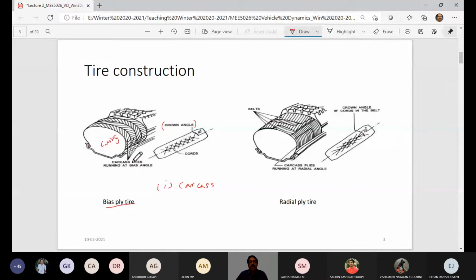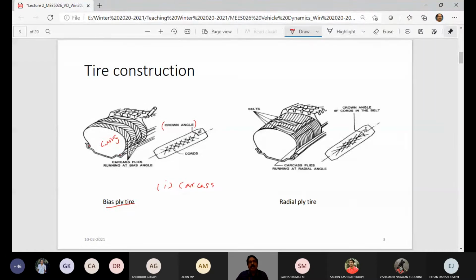And you see there is a significance to this crown angle. Here it is 40 degrees; on the other hand, on a radial ply tire, it is 20 degrees. And you can also see there are some differences in this construction. Over these plies, you see there is the tread. These are called tread buttons. So this is the tread element.